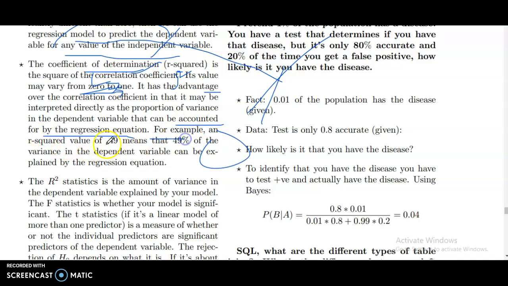For example, an R squared value of 0.49 means that 49% of the variance in the dependent variable can be explained by the regression equation.